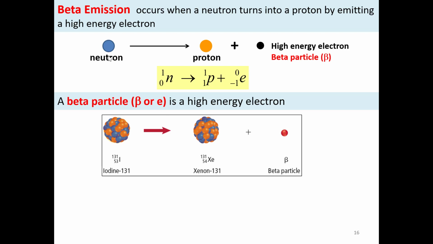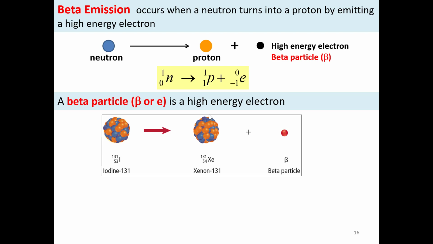And we can represent this reaction here using symbols. The symbol for neutron is N, and we have here 0 and 1. Then why do we have 0 here?